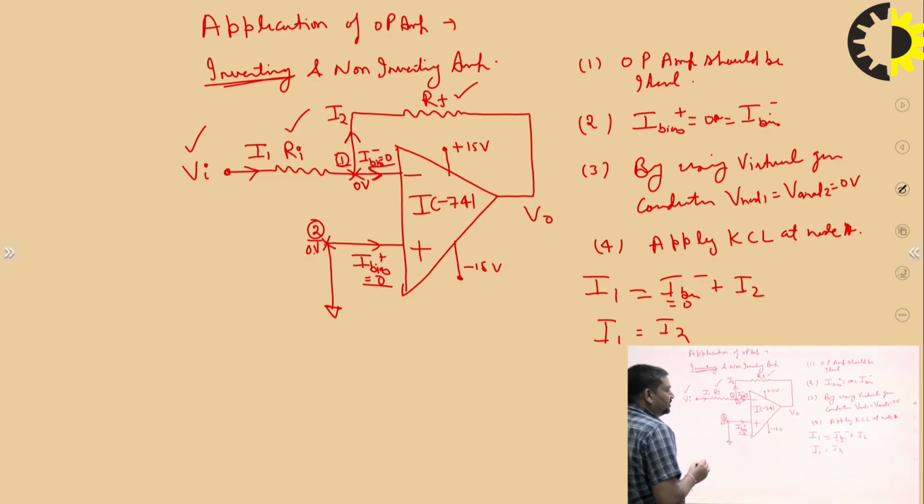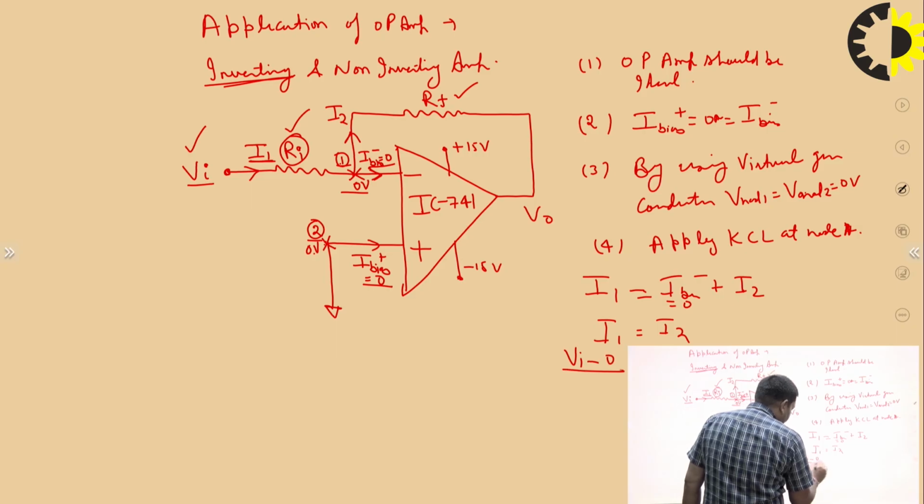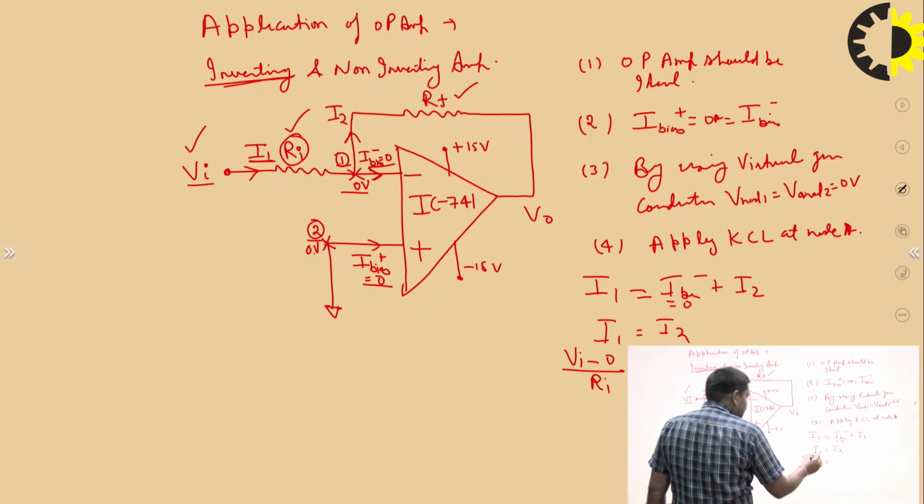According to Ohm's law, current is equal to the potential difference upon resistance. Current always flows from higher potential to lower potential, so I1 is equal to Vi minus 0 volt upon Ri.